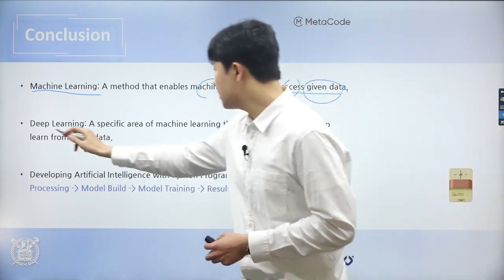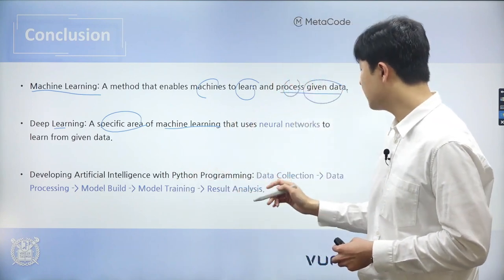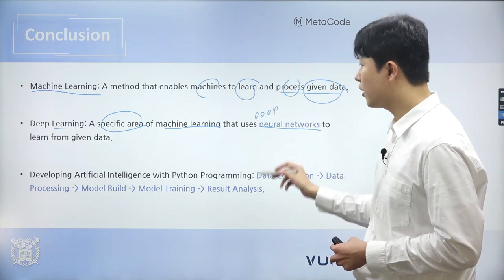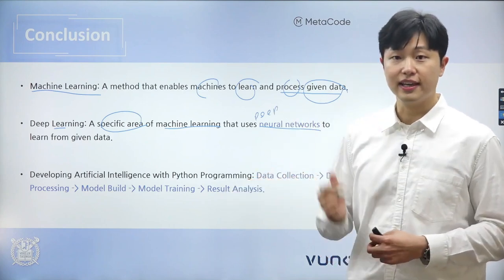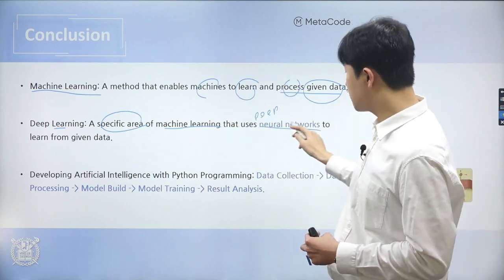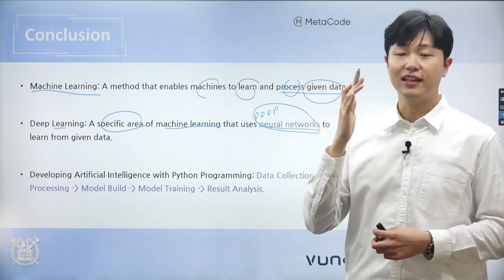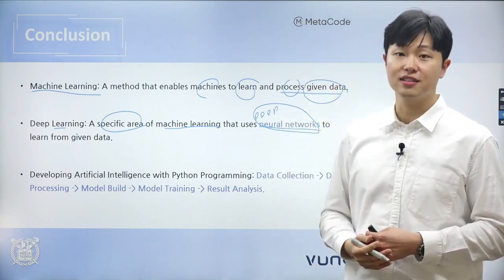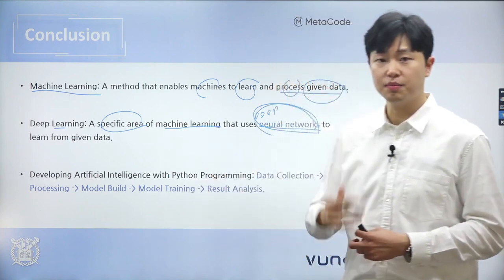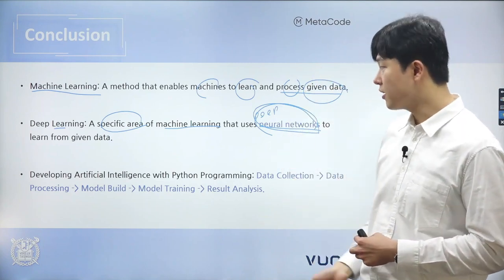Then, we delved into deep learning, a specialized area of machine learning that utilizes neural networks, specifically deep neural networks, to interpret and learn from the data. A key point is that traditional methods were not effective for unstructured data, such as video and audio. But deep neural networks have significantly enhanced our ability to process and utilize this type of data. And this breakthrough has opened up new possibilities in fields ranging from autonomous driving to medical imaging.